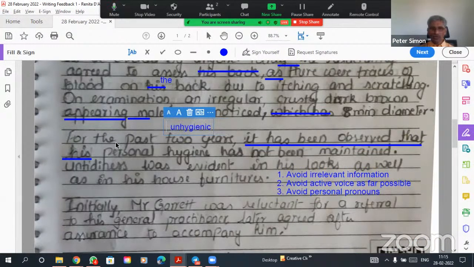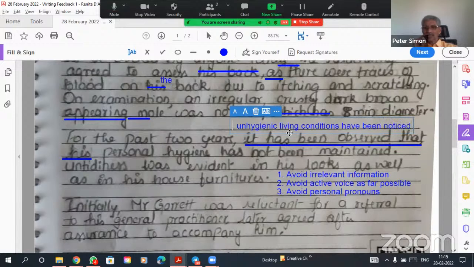So for the past 2 years, unhygienic living conditions have been noticed.